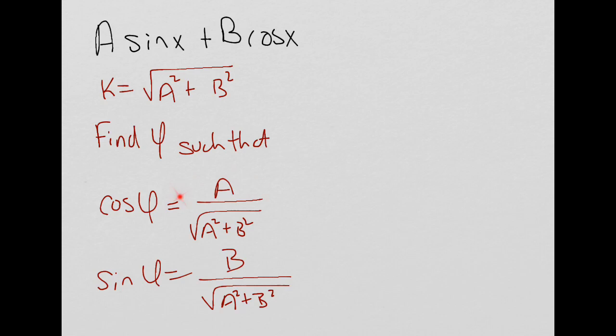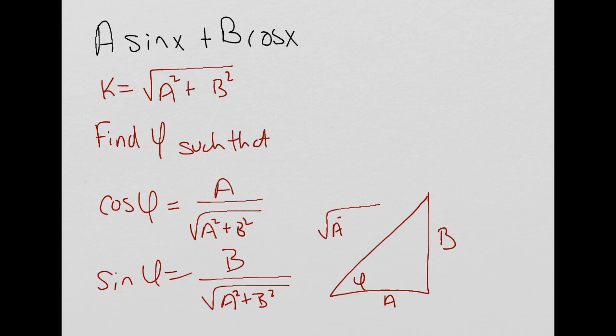Hopefully you recognize these are the forms of sine and cosine. If you've got a right triangle like that, with angle phi down in the corner, that's exactly where those are going to come from.